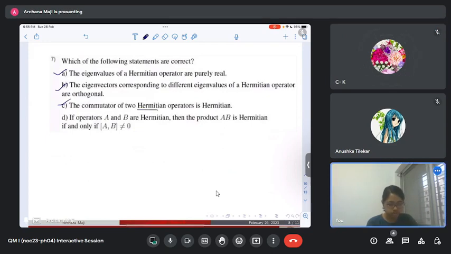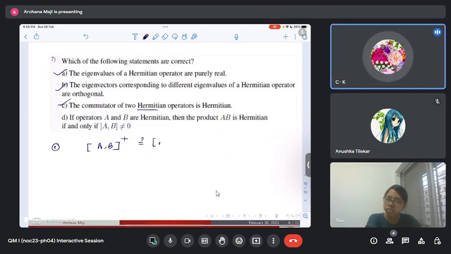Okay, let's see from C. The commutator of two Hermitian operators is Hermitian, you are saying. So if A and B are Hermitian, their commutator should also be Hermitian. Is that correct? If it is 0, then it is Hermitian.